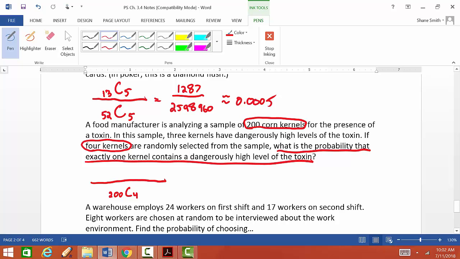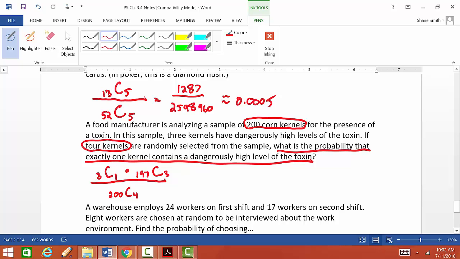Well, there's 3 kernels that do. So out of the 3, we're choosing one of them, times how many do not contain a dangerous high level of the toxin. Well, there's 197, because 3 plus 197 is 200, right? And we're choosing 3 of those to make up all 4.